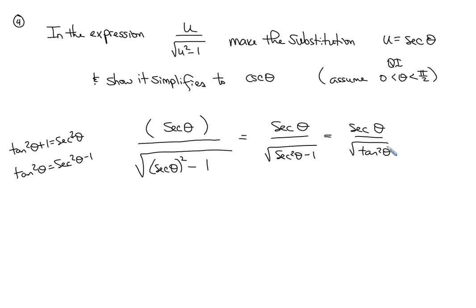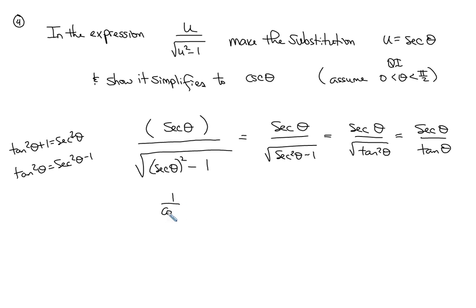We now have to take the square root of tangent squared. Well, the square root of tangent squared is obviously going to be just tangent of theta. And so now we have simplified this down to secant theta divided by tangent theta. Now this becomes one of our trig expression simplifying problems. I'm going to now change these into sines and cosines.